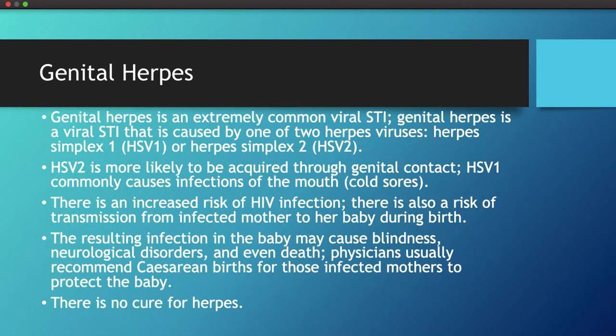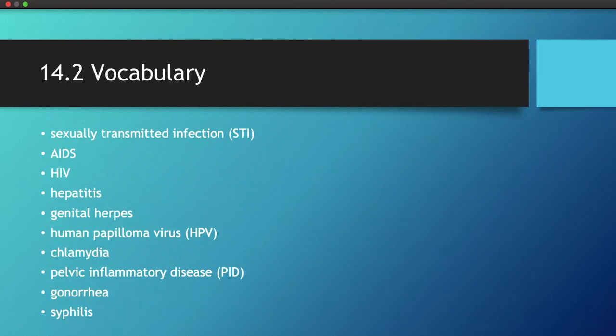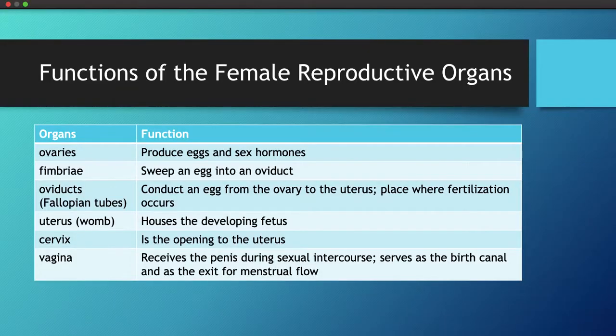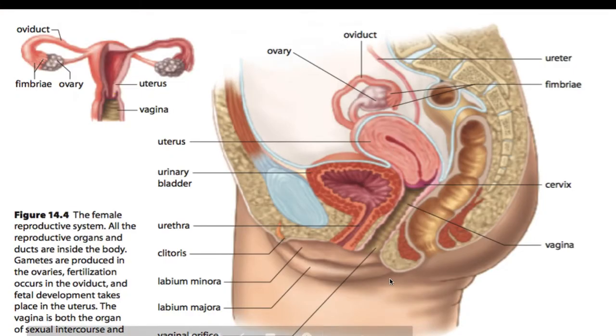If we look back at the female anatomy, the sores from genital herpes would be in this area, sometimes even into the vagina.